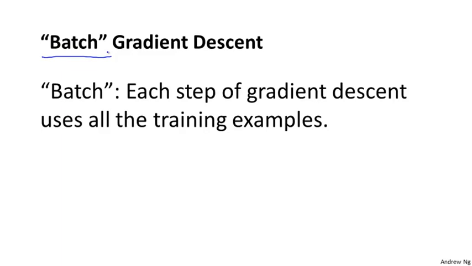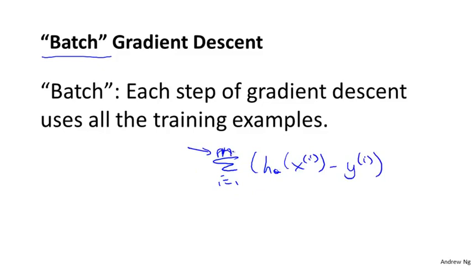So in gradient descent, when computing derivatives, we're computing these sums. So in every step of gradient descent, we end up computing something like this that sums over all m training examples. And so the term batch gradient descent refers to the fact that we're looking at the entire batch of training examples. And again, this is maybe not a great name, but this is what machine learning people call it.